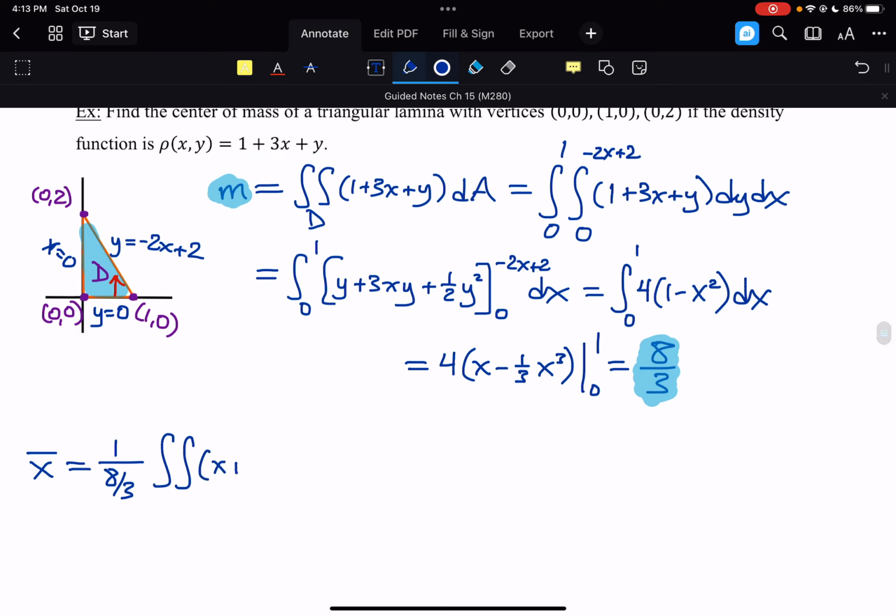So that's going to be x plus 3x squared plus xy dy dx. The region D is still the same, so we can set up the bounds exactly the same way for all of these. So between the 0 and the top line, and then x going from 0 to 1.